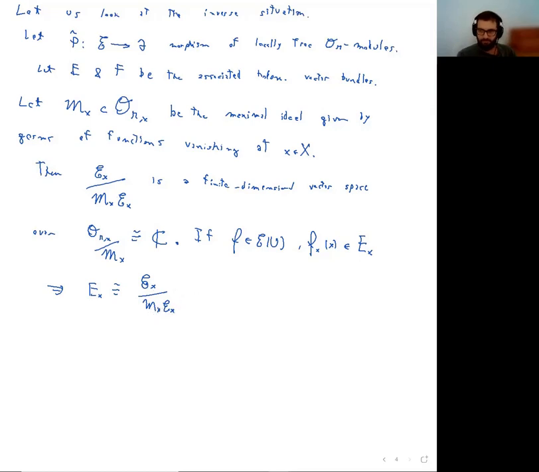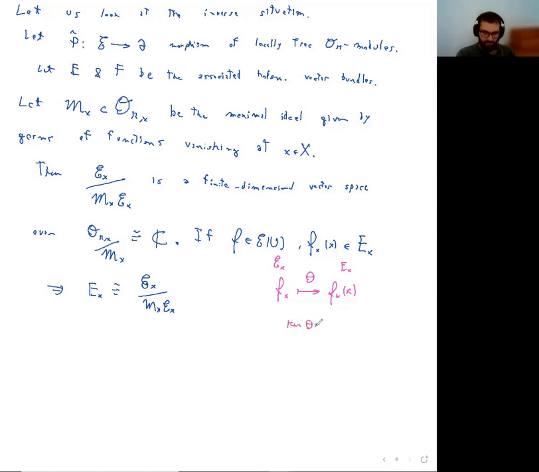Maybe it's not so clear. So let's have a look. So we send f_x to f_x(x). So this is clearly surjective because this is all possible local sections. So you can just do whatever you want. And what is the kernel of this map? Let's call it theta. This is E_x, and this is E_x.